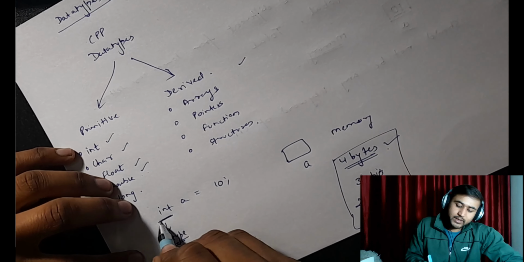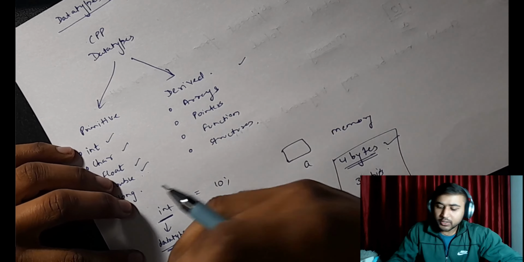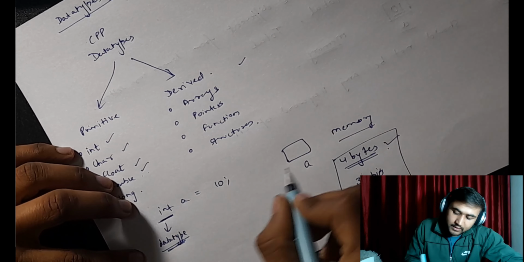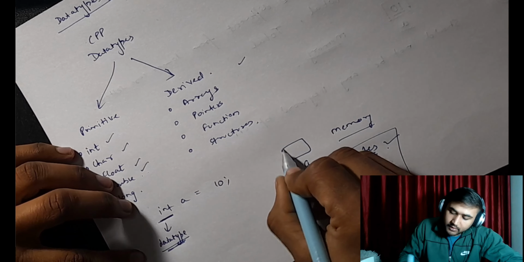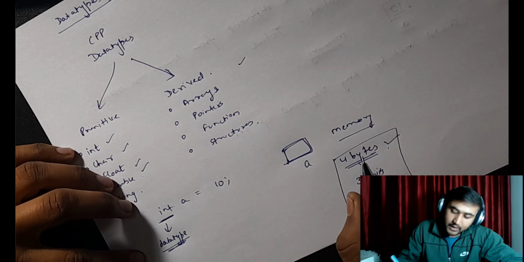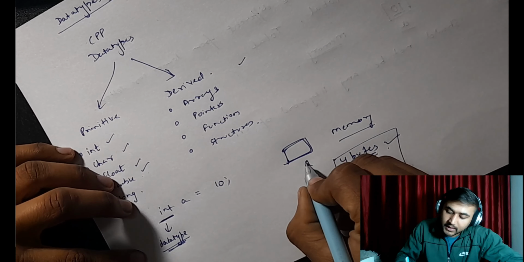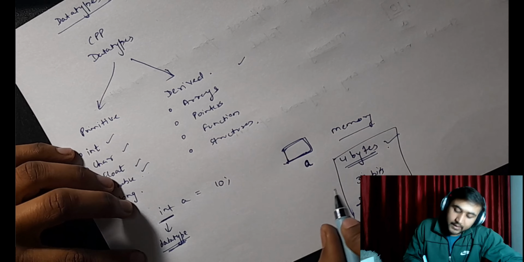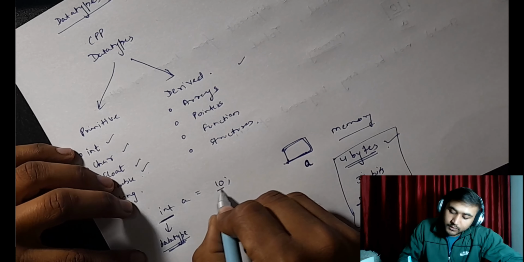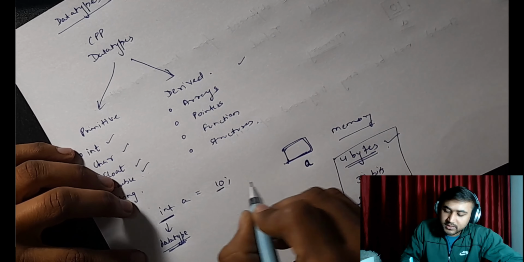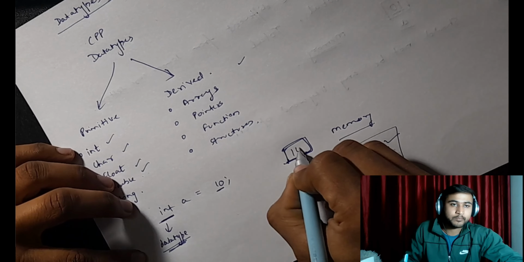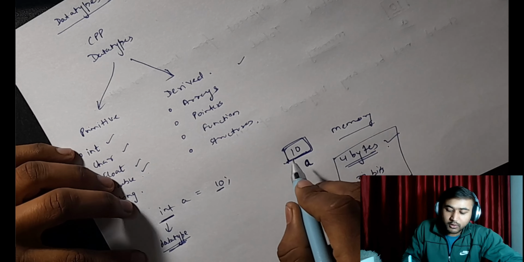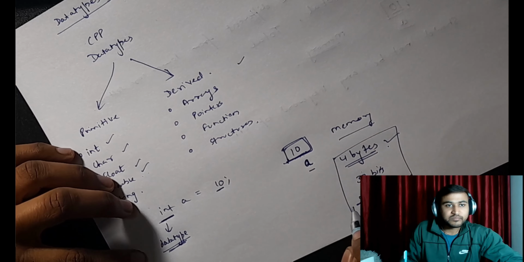So this int is our data type, meaning what type of data is going to be stored in our memory. We have declared this memory block, and we have assigned a variable name a to this memory block, and then we have assigned a value, what value should be stored in this block, which is 10. So 10 should be stored in this block, and the name of this block is a.